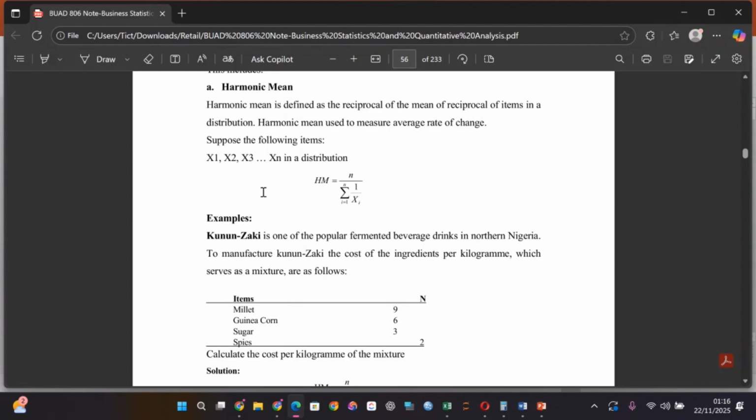For instance, the phone that you buy today for 20,000 naira, tomorrow maybe 25, next week maybe even 30,000, next week maybe even 50K. So that is when the harmonic mean is actually used, to measure the average rate of change, stuff like that. Are we together?